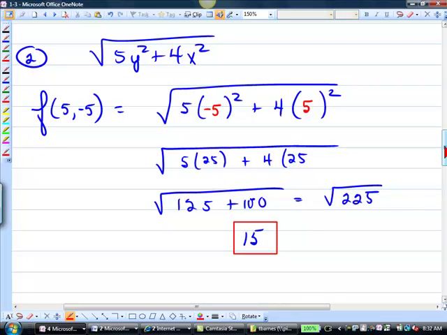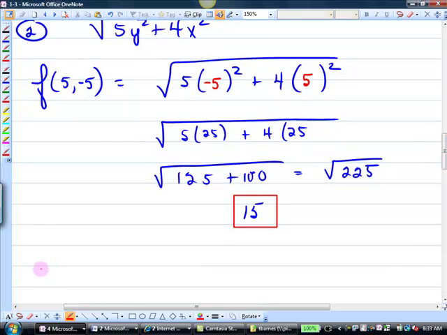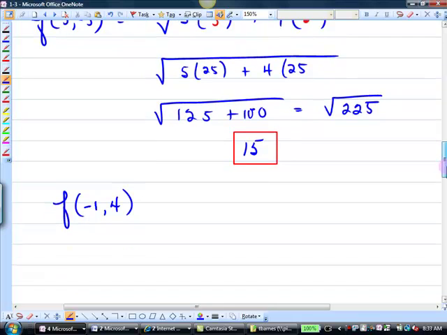So this is just algebraic, actually almost arithmetic at this point. So we're going to do the others. F of negative 1, 4. And you can go on and do that. I will write it up here.